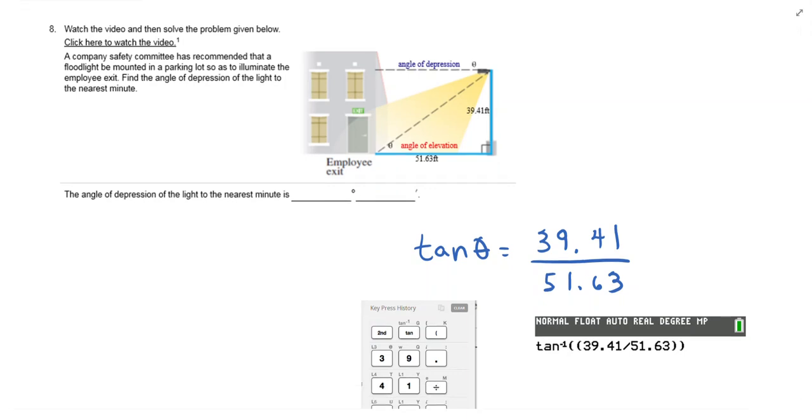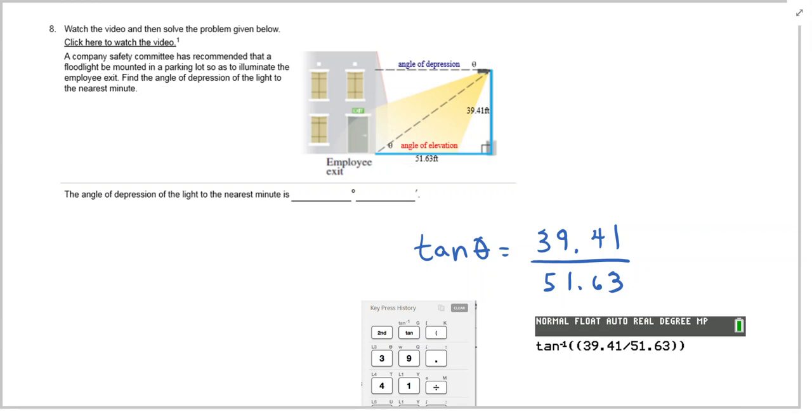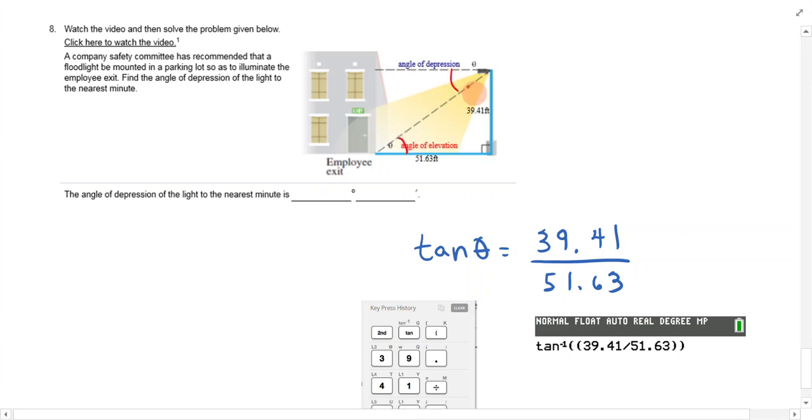So this is the angle of elevation, this one here, and we could see that would be opposite over adjacent. So if I find this theta, then the angle of depression is here. And if that's a parallel line and that's a parallel line, these will be alternate interior and they'll be the same. So if we can find this angle, then we know what the angle of depression is.